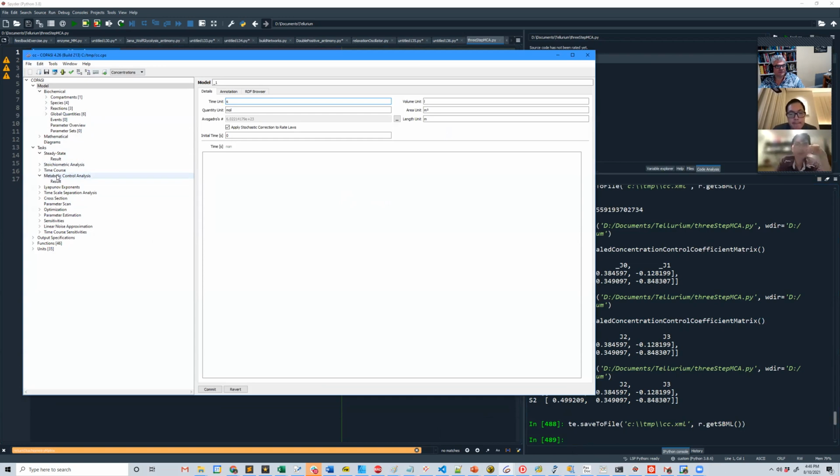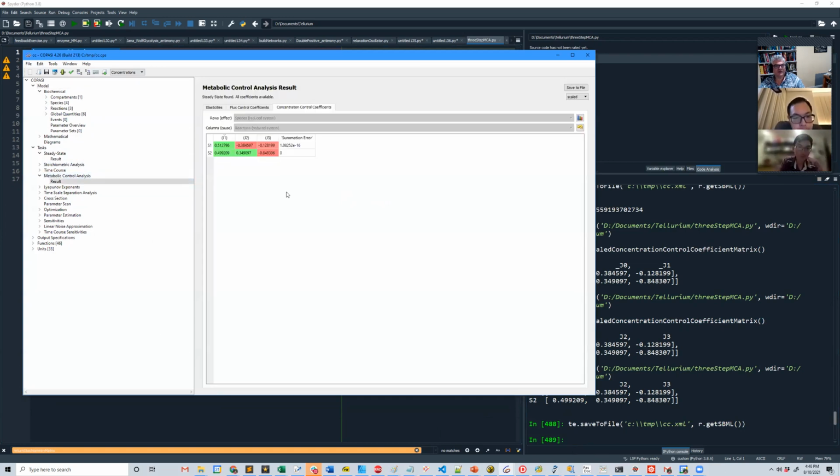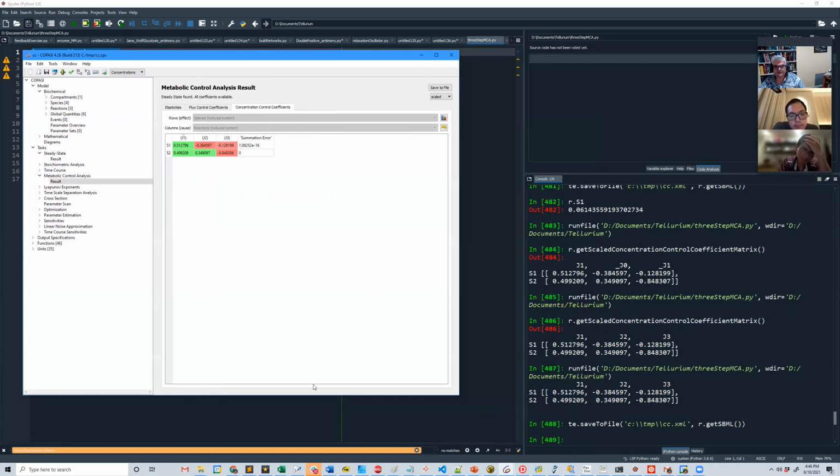Then go to metabolic control analysis, run. Okay, so if we shorten this a bit and compare it, you should see the same numbers. 512, 512, minus 38, minus 38, minus 128, minus 128, minus 499, 34, minus 848. Exactly the same numbers, okay?